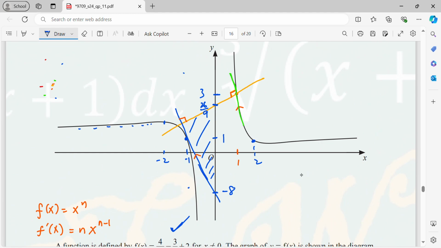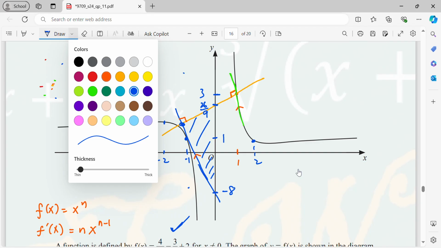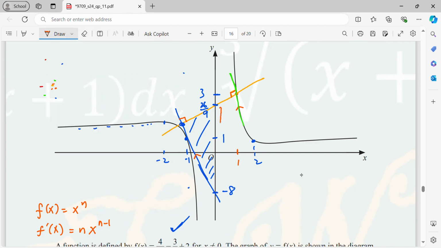Okay, so from here, first of all, I need to find the intersection. To find the area of the triangle, I know that here is basically 26 over 9 plus 8, because 0 to 26 over 9 is 26 over 9, and 0 to minus 8 is 8 units. So I know that this is the value.